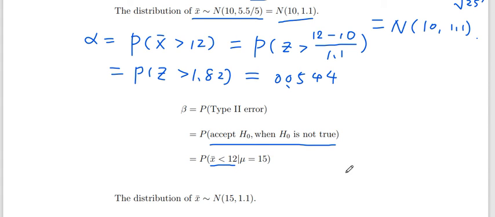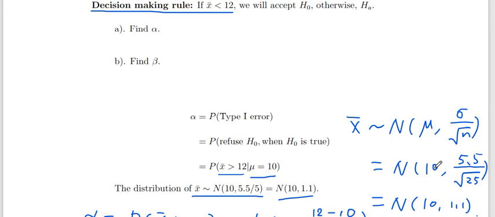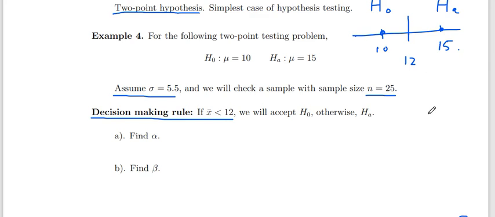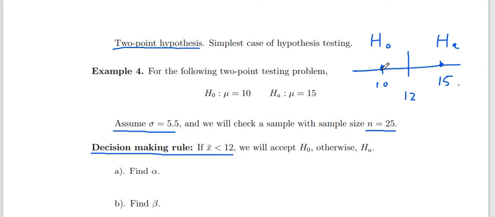So when H0 is not true, H0 says mu equals 10. So if it's not true, we can only pick this, because we assume the possible values for this parameter has only two possible values.